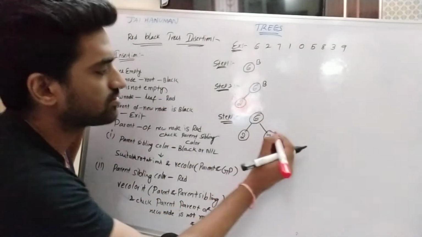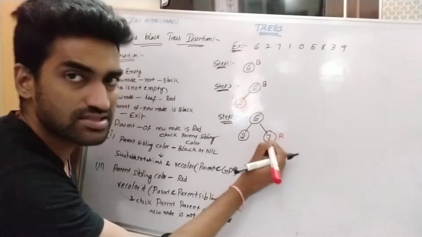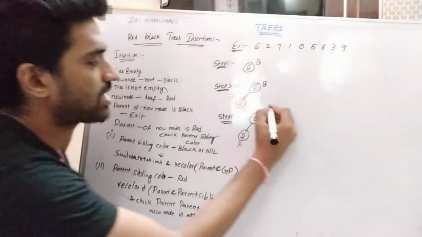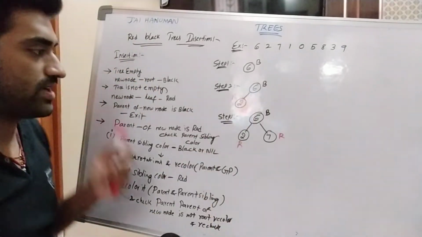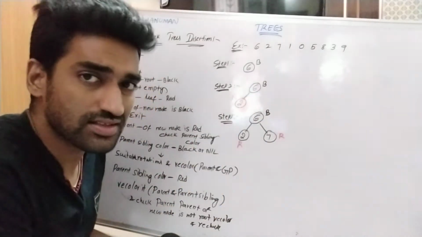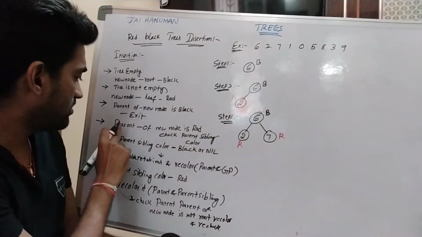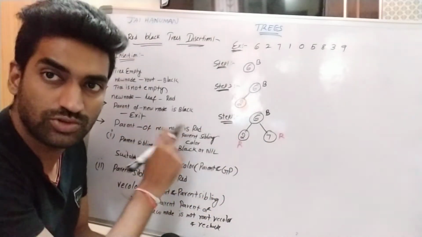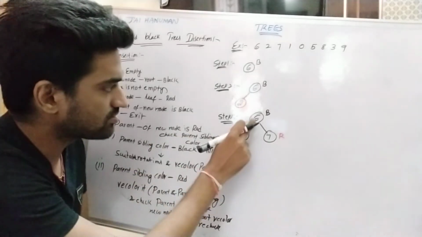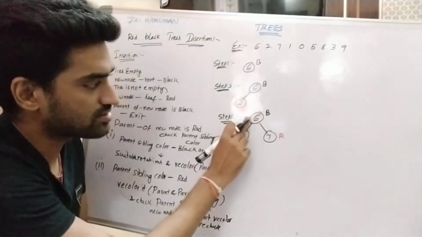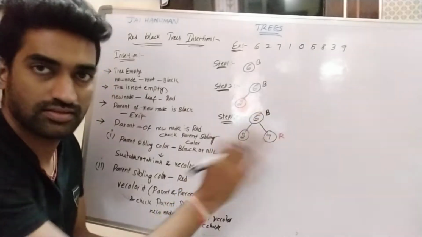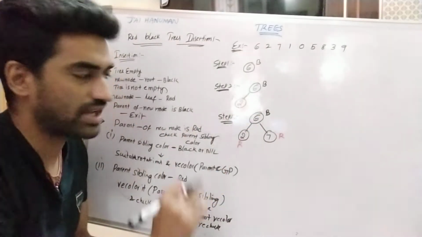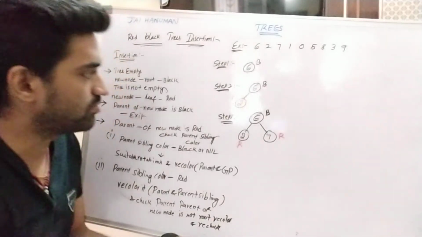This is red because it is a newly inserted node. The root is always black. Now this is also a red-black tree. The parent of the new node is 6, which is black, so exit. So this is also a red-black tree, right?